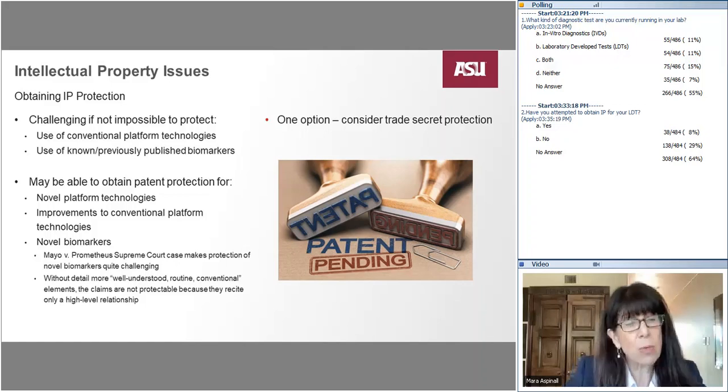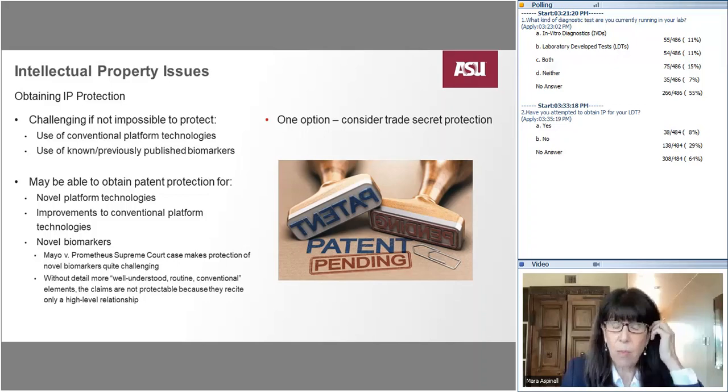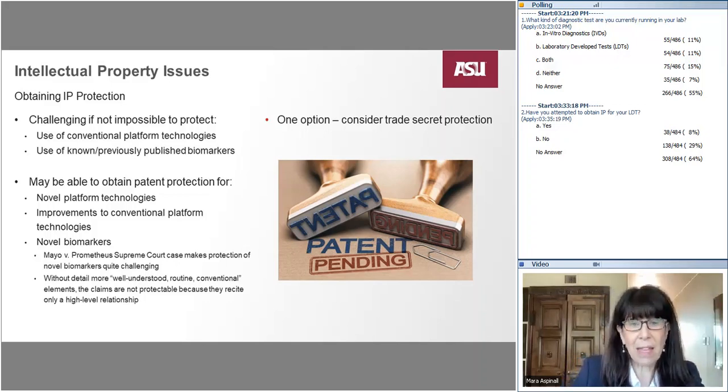And Mayo was running essentially the same test, and they said, Prometheus, you can't have IP protection of that, and we're just going to run the test. Well, the Supreme Court agreed with Mayo, and what they said was that Prometheus was not able to patent that, so they invalidated the patent that Prometheus had.